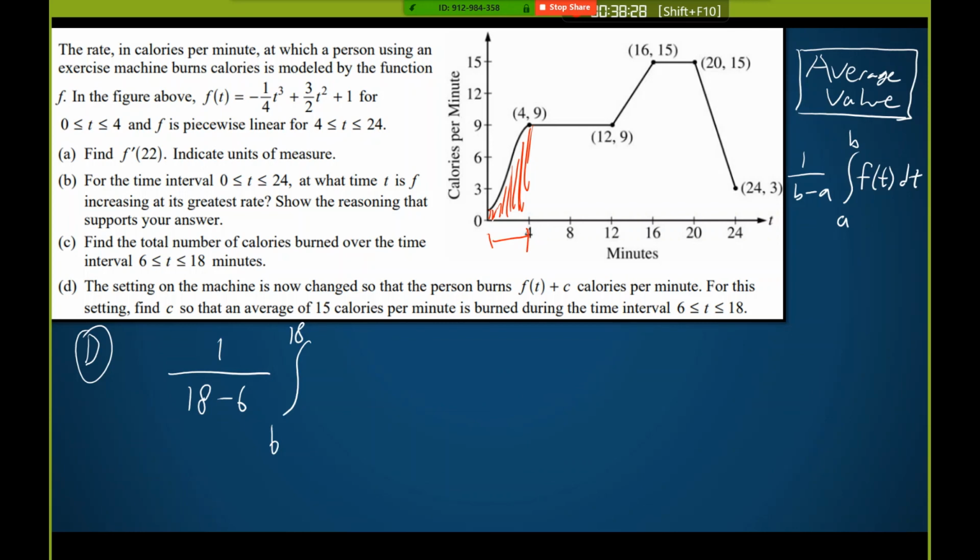Some constant c we don't know in terms of time, should be equal to 15. I want my average value of f of t plus c to be equal to 15. Okay, any questions on our setup so far?